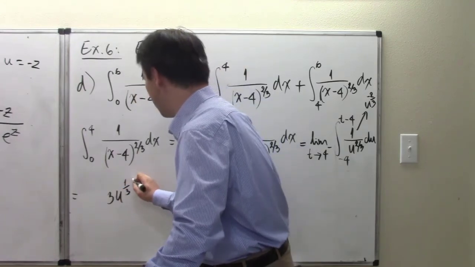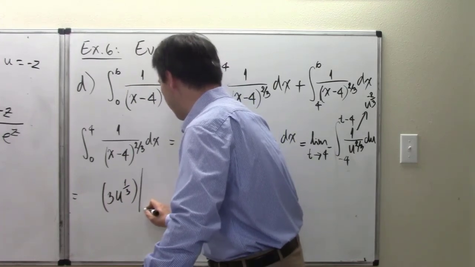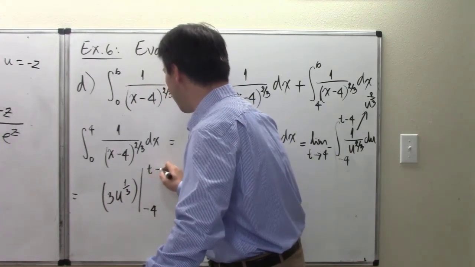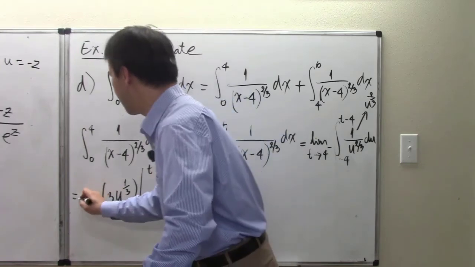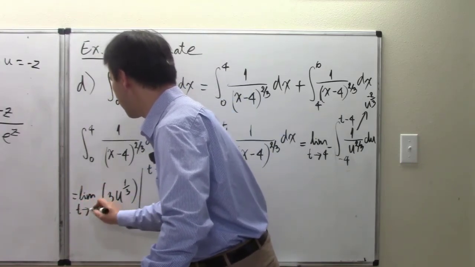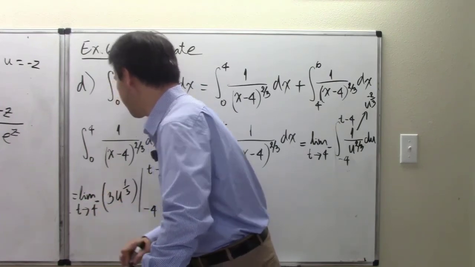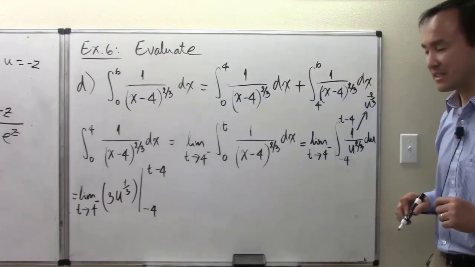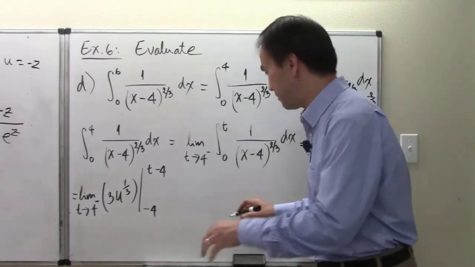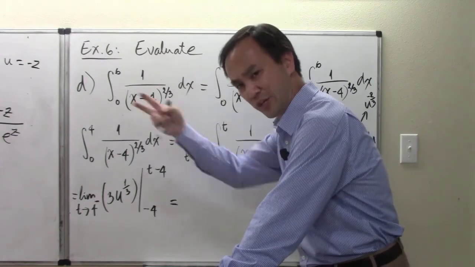Now with that antiderivative, I am going to evaluate that from minus 4 to t minus 4, taking the limit as t approaches 4 from the left hand side. Okay, and that's it. So it keeps turning out with some good direction of where to go next.